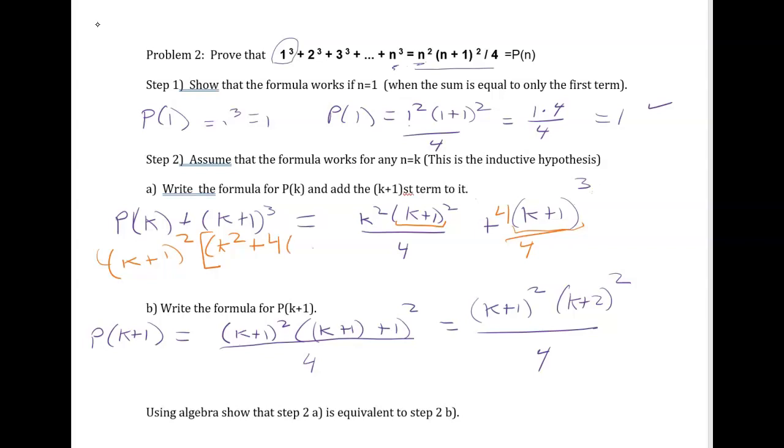So I have a 4. So the K plus 1 squared is on the outside. I'm left with the K squared from that. This, I took 2 of them outside. I'm left with that because I wrote the K plus 1 squared out here. That's really what I'm doing. 4 times K plus 1. And all of that is over 4.